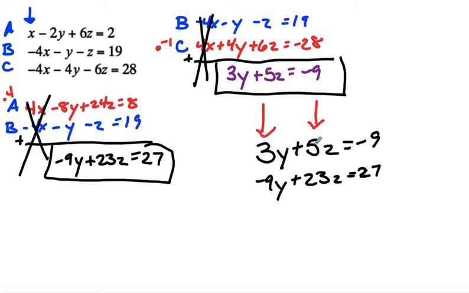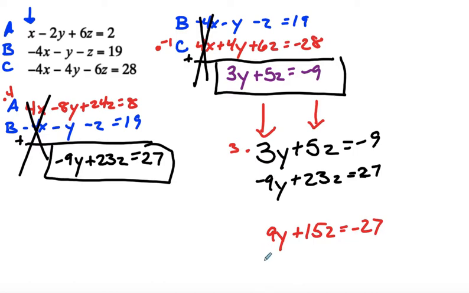So, is it going to be easier to turn a 5 into a 23 or a 3 into a 9? 3 into a 9 is probably easier. Now, since this is already a negative 9, I want this one to be a positive 9. So I only need to multiply by 3 to make that happen. So I'm going to multiply that equation by 3. And I'm going to leave my other equation alone.